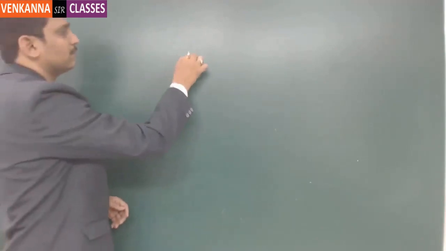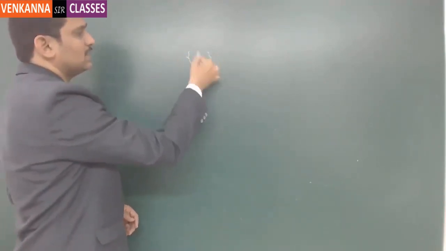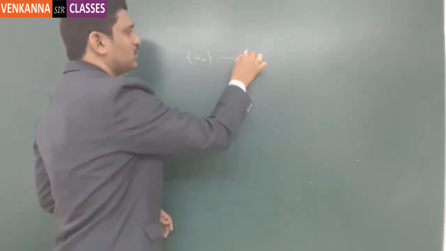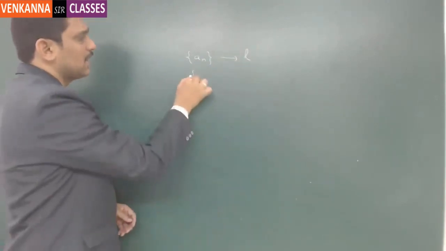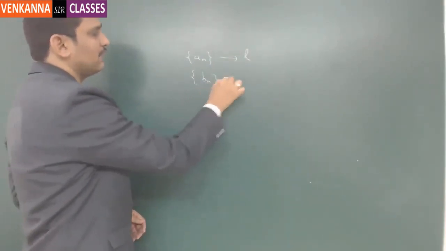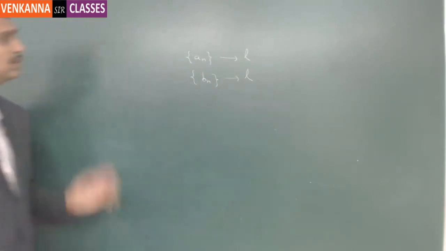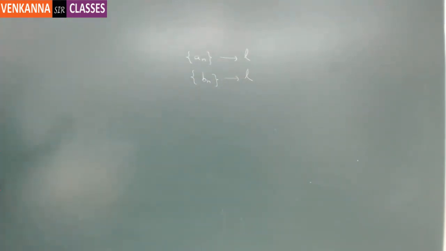So let us take that the two sequences will have the limits. Say the sequence an converges to the limit L1 and sequence Bn converges to the limit L2. Now let us write the definition of an plus 1 one more time.